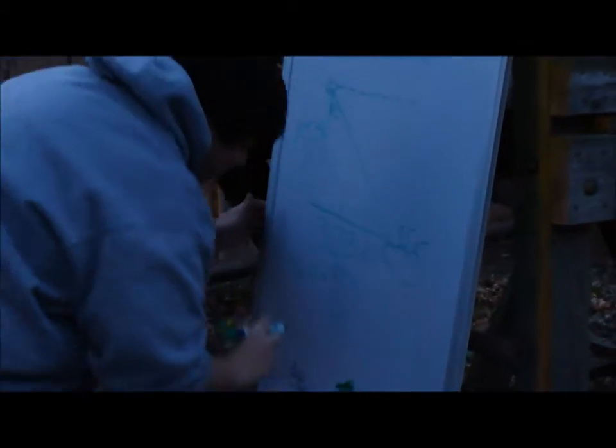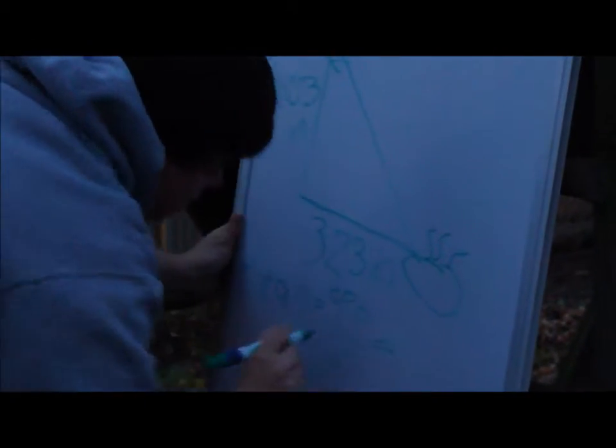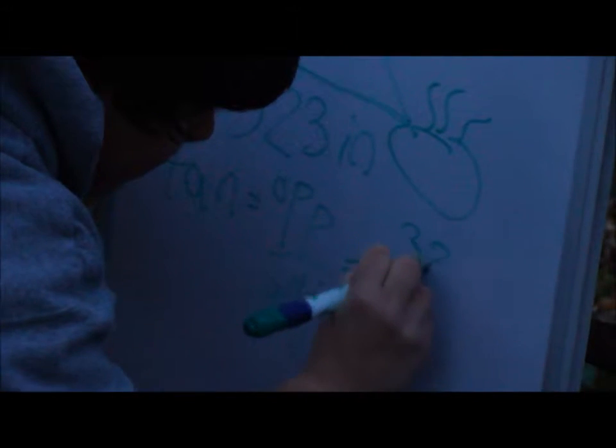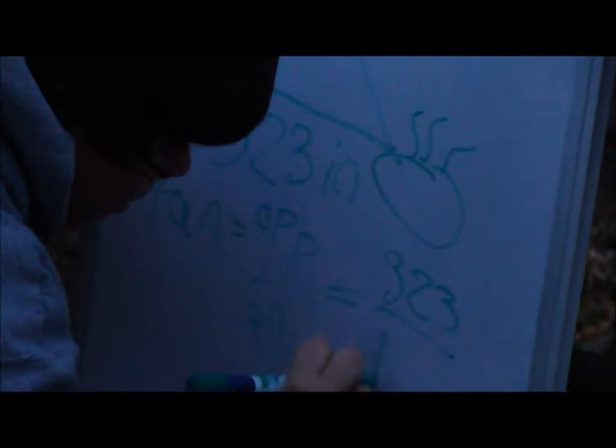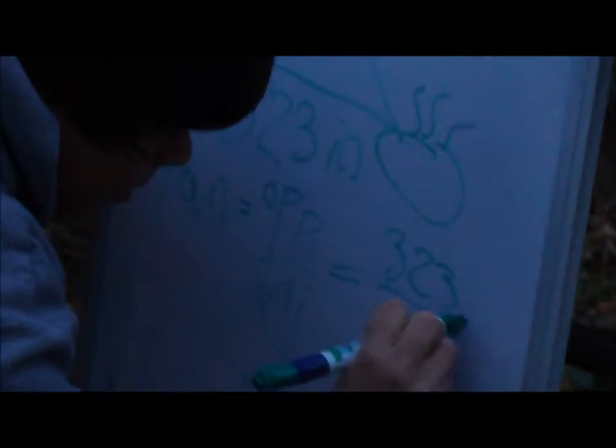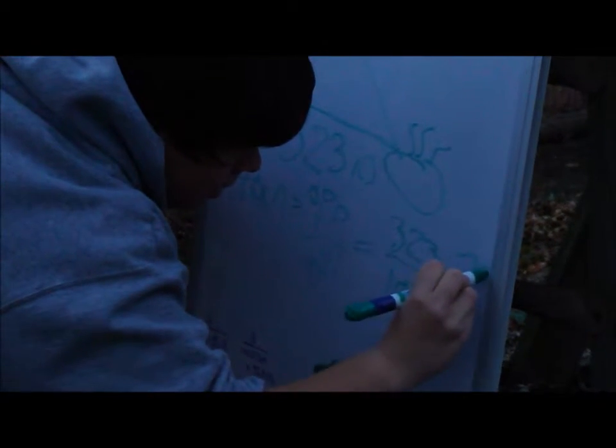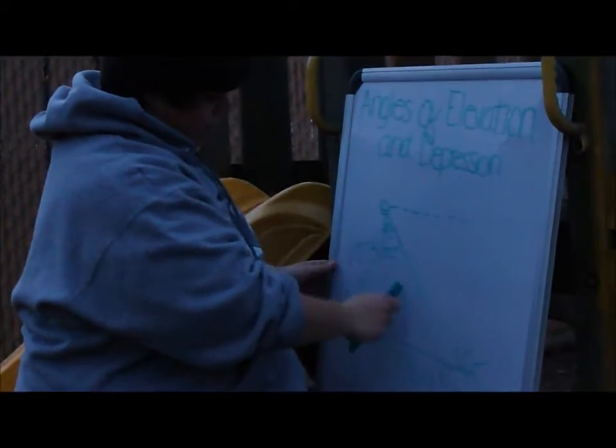So the opposite over adjacent will be 323 over 103. And that happens to equal 72 degrees. So theta is 72 degrees. The angle of depression is 72 degrees from me up here downward toward the fire pit.